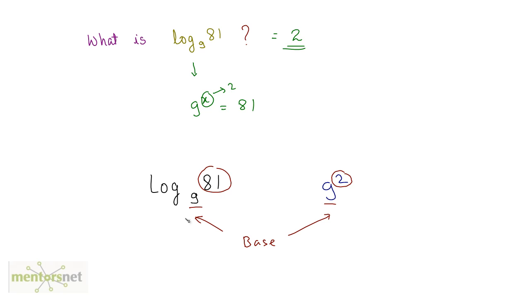Alright, now you know that a logarithm has a base, right? In the previous problem we solved, log of 81 had a base 9. If the base of a logarithmic expression is 10, it means that this is a common logarithm. A common logarithm is specifically a logarithmic expression in which the base is 10.